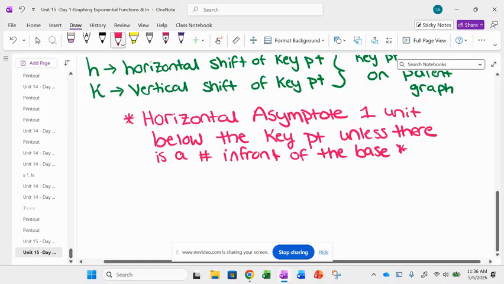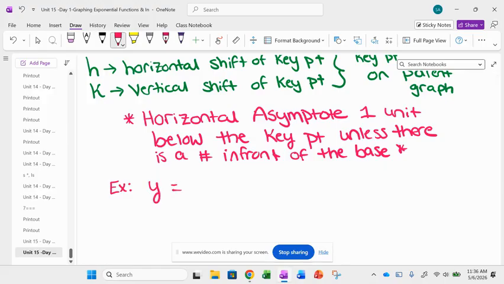So an example of this would be, let's say I have y is equal to 2 times a half raised to the x power. I shouldn't say a number in front. I should say a number multiplied with the base.